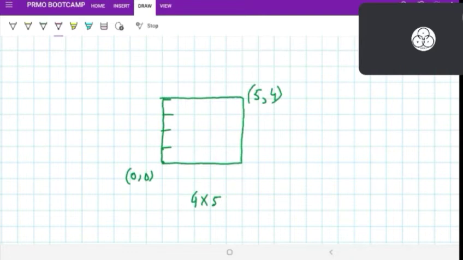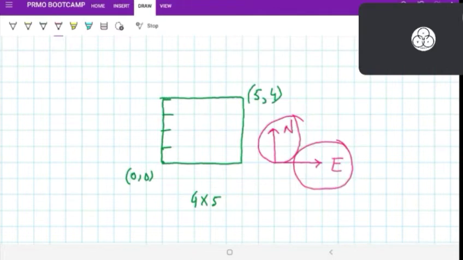Here northeast lattice path means we can either go in the north direction or the east direction. That is, we can either go upwards or rightwards.